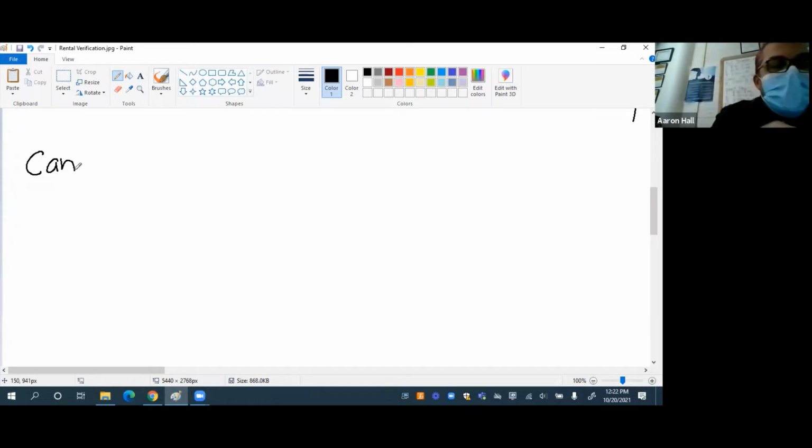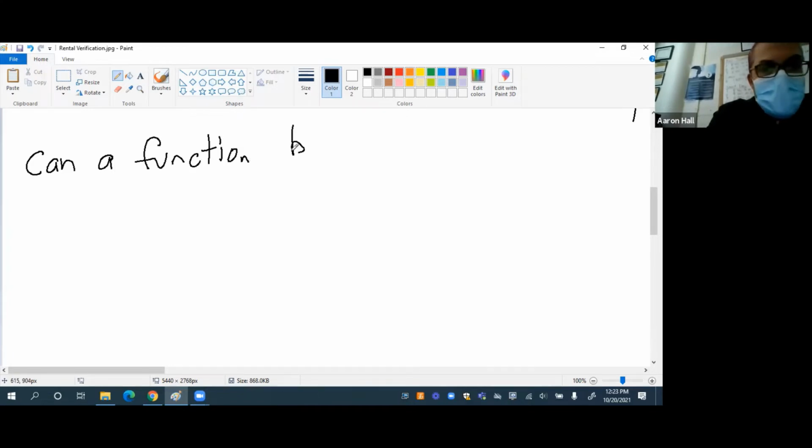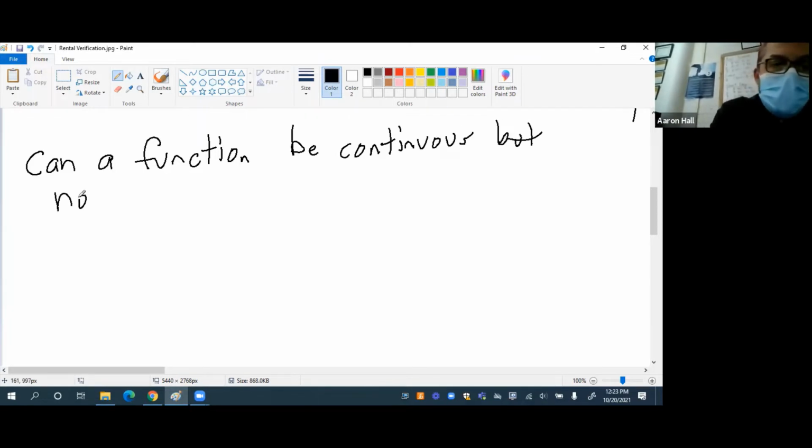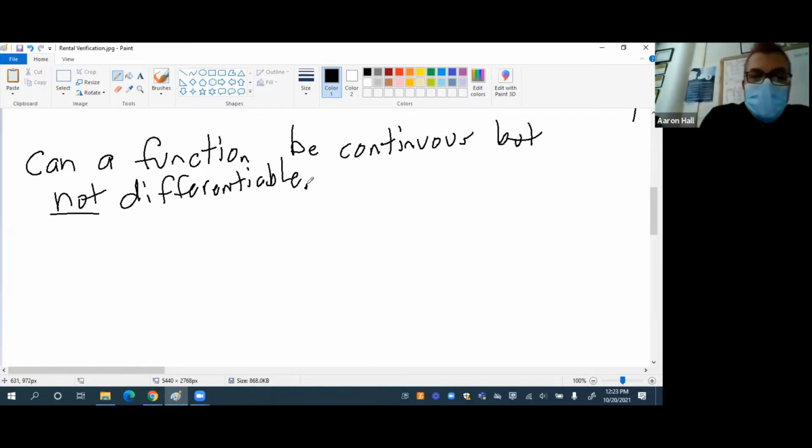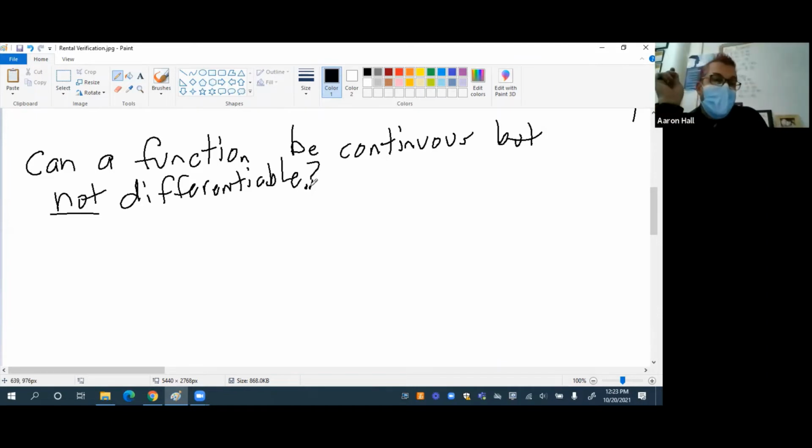I want everybody to think about this question. Don't say the answer. Can a function be continuous but not differentiable? I want you to think about it.